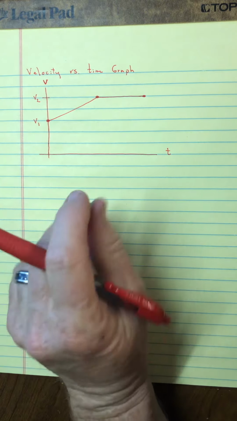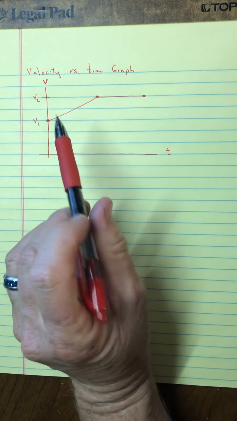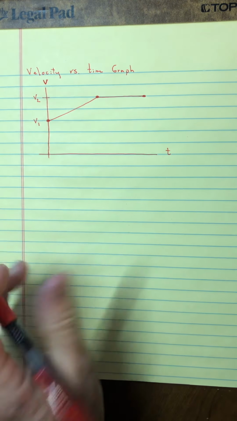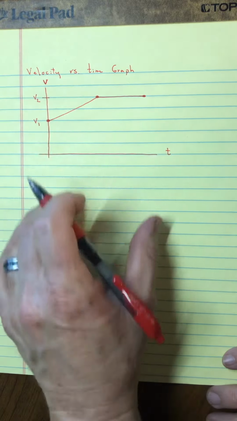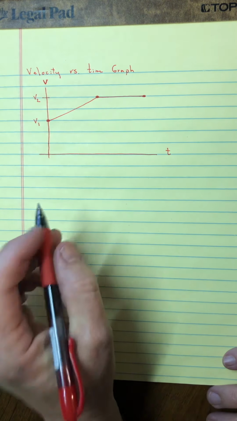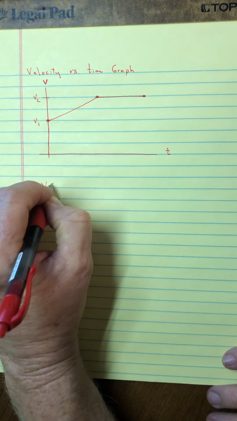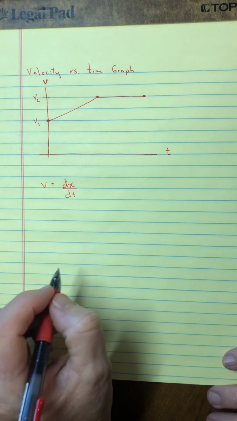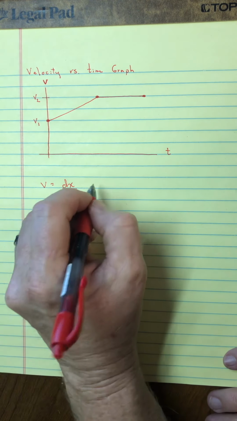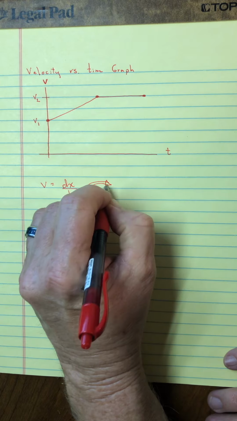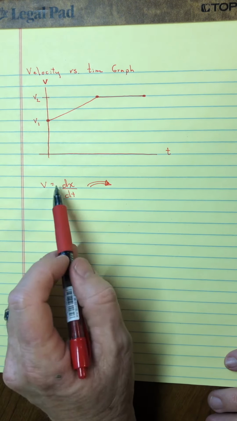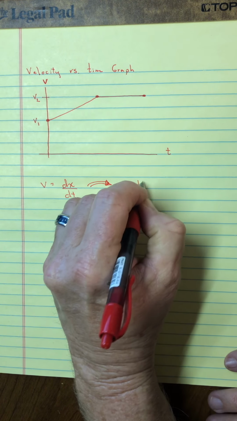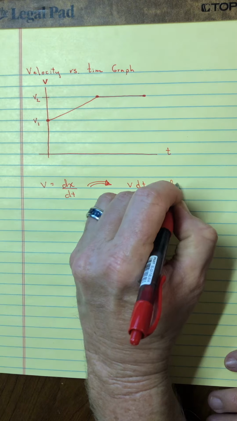Now, I think the intent, since they're giving you a graph, is to make sure you understand a little bit more about graphs. So let me connect graphs and mathematics together here. We know that the velocity is the rate at which the position changes with time. The reverse of this, if you had this calculus problem and were asked to solve for position, you would move the dt to the other side.